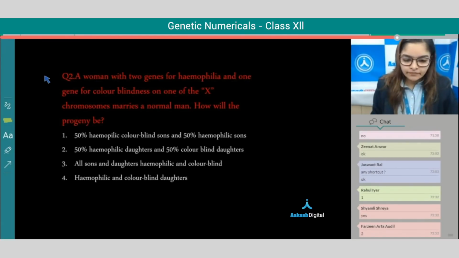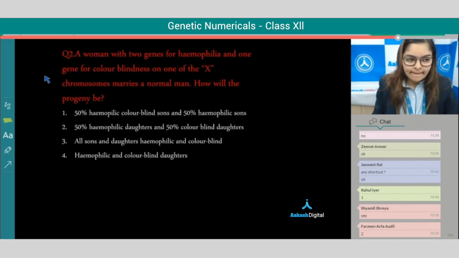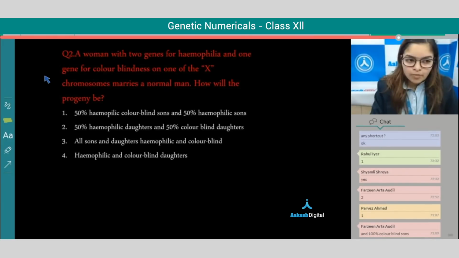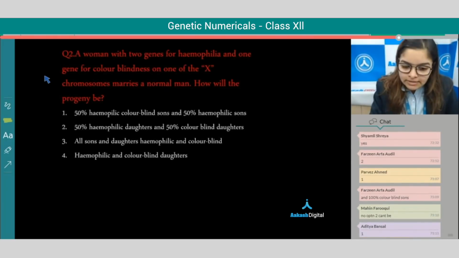Anybody else? Option 2, 50% hemophilic daughters and 50% color blind daughters. Option 1, 100% colorblind sons. No, option 2 can't be. Okay. All right. Daughters will be carrier.